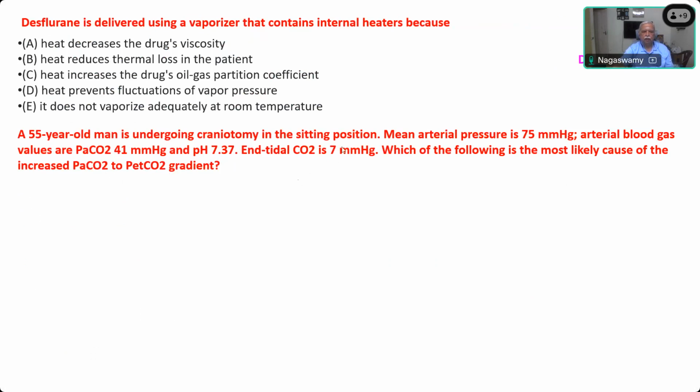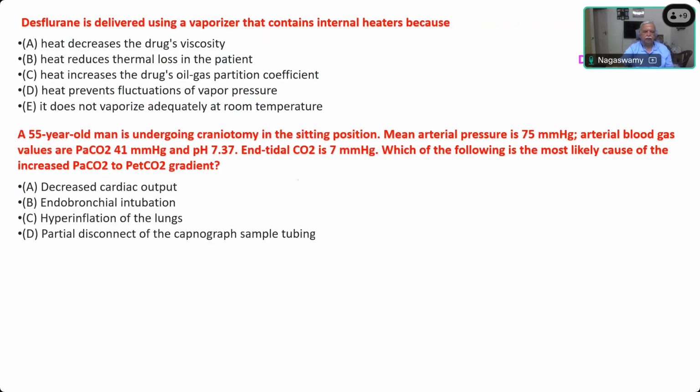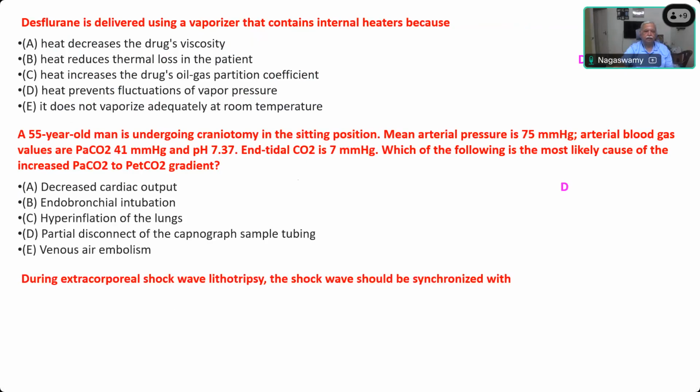PaCO2 41, EtCO2 7. The causes are decreased cardiac output, endobronchial intubation, hyperinflation of the lungs, partial disconnection of capnographic sampling tube, venous air embolism. Partial disconnection of capnographic, correct.